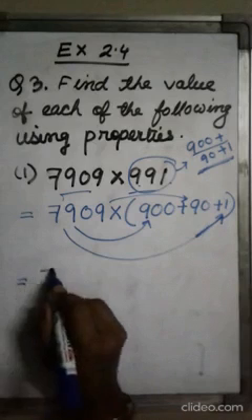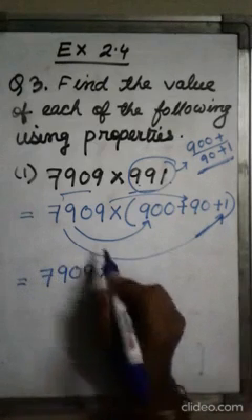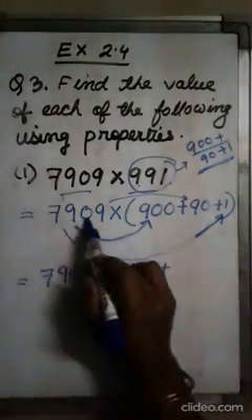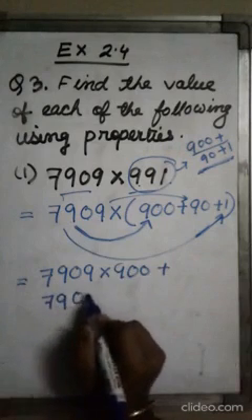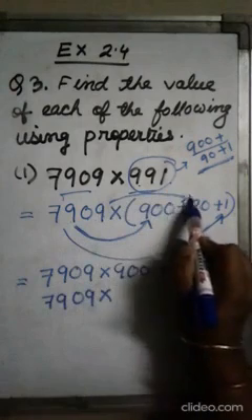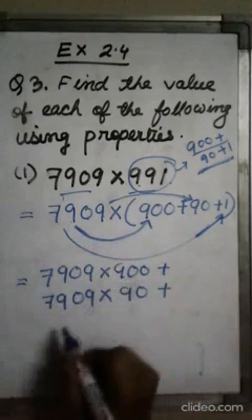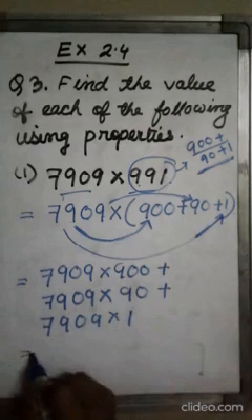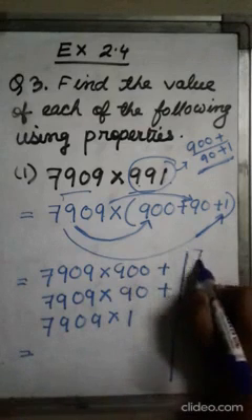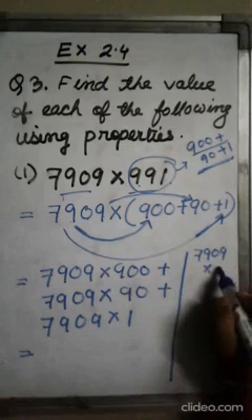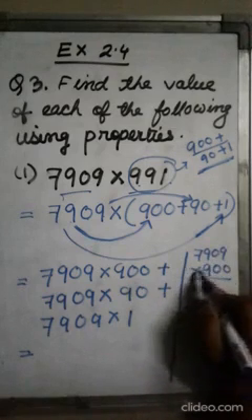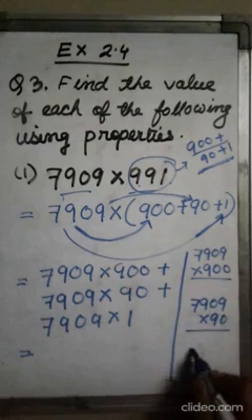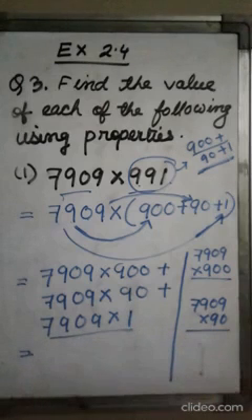So you will be writing like 7909 into 900 plus 7909 into 90 plus 7909 into 1, equal to, you do the rough work, 7909 into 900, then 7909 into 90 you do, then if you multiply by 1, the same answer, there is no need to do any rough work.